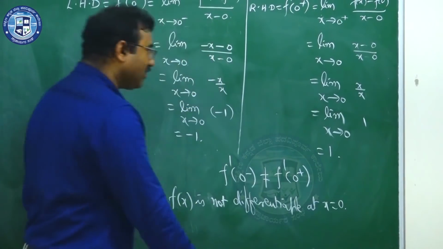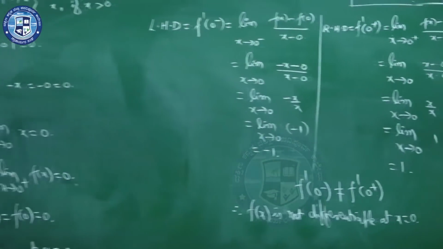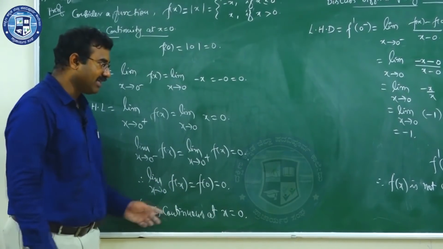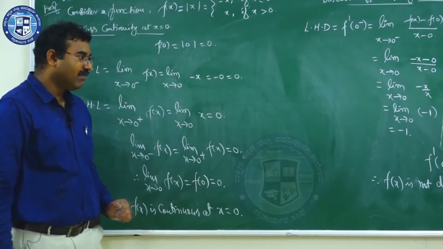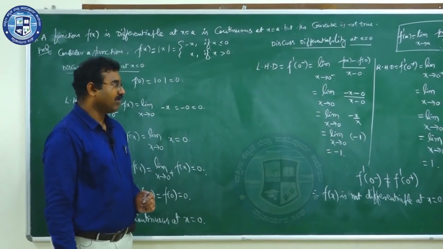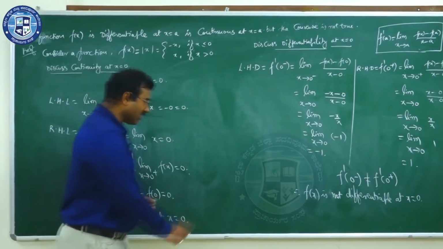So, what do you observe now? f(x) is continuous at x equal to 0, but not differentiable at x equal to 0, we have proved, right. So, what is our final conclusion?